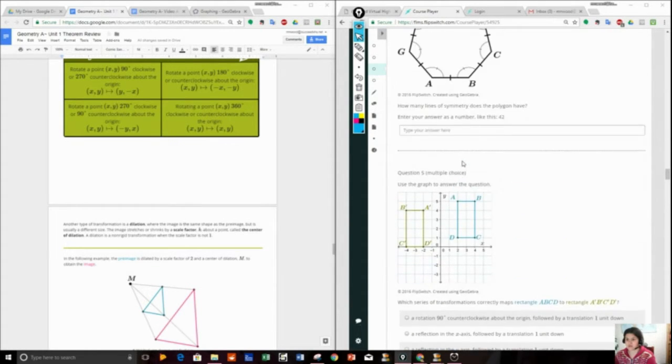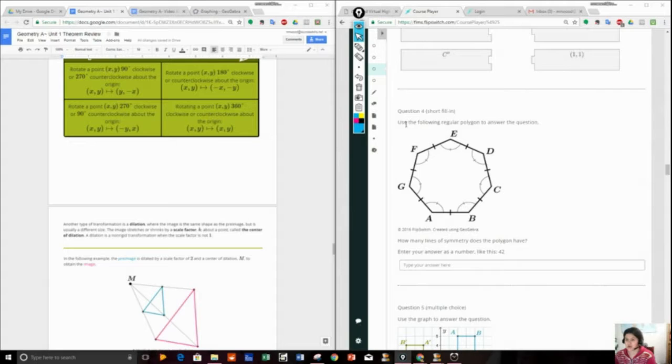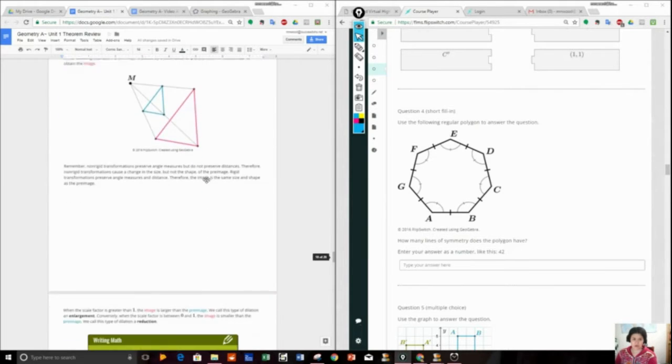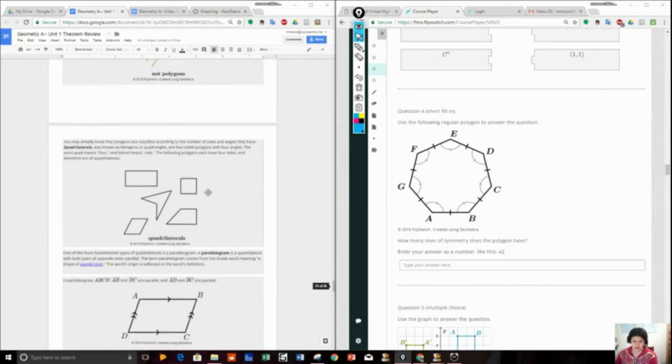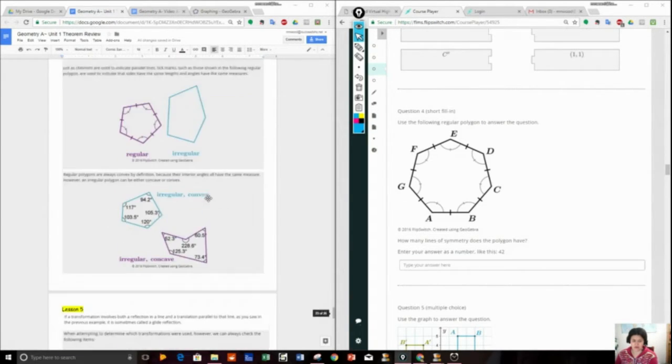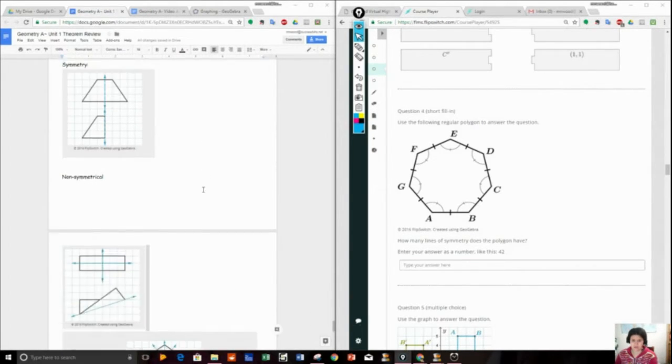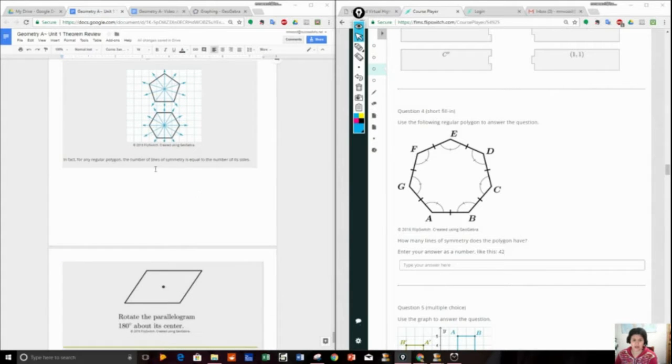Okay, so question 4. Use the following regular polygon to answer the question. How many lines of symmetry does a polygon have? Okay, so I'm going to go back to our lesson 5 notes in the review theorem and look for lines of symmetry.